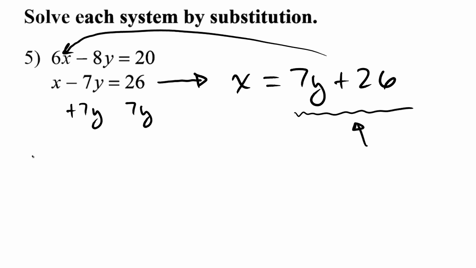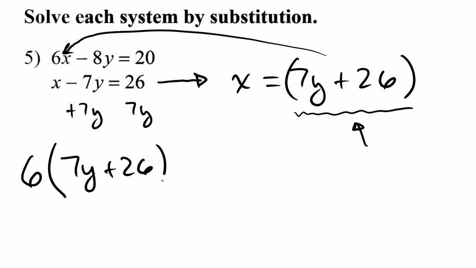It's 6 times what x is. Well, x is this big old binomial, 7y plus 26. So there's 6 times (7y plus 26) minus 8y equals the number 20.